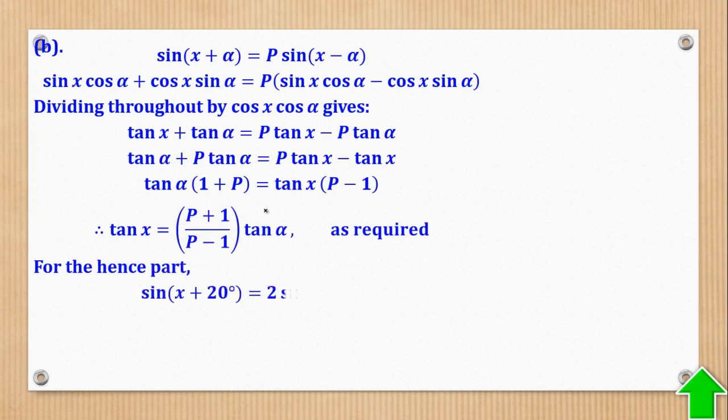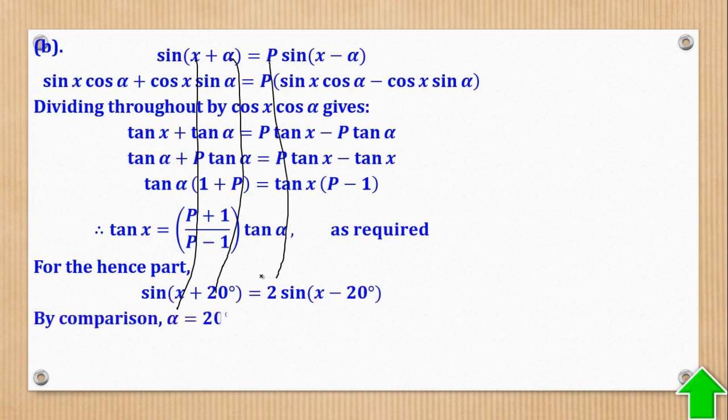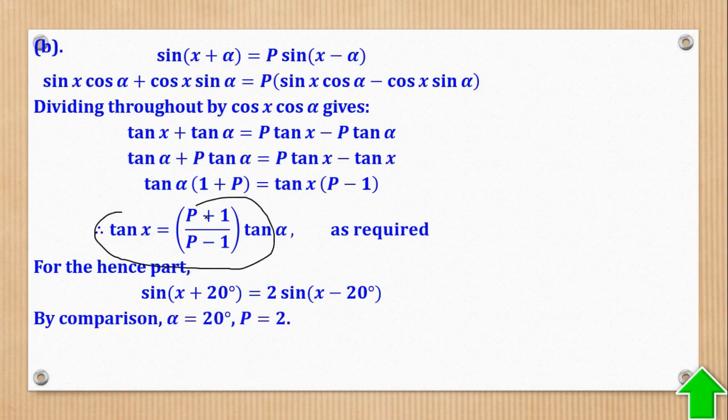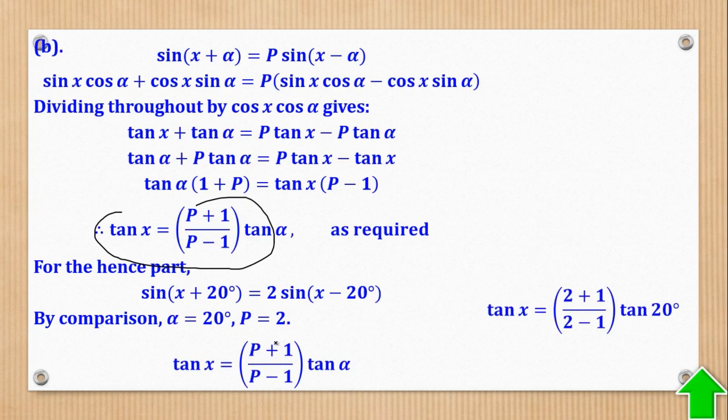For the highest part, they want us to solve this. So what we are going to do, we are going to compare this. X is already there, alpha is 20 degrees, and P is 2. Now that I've known alpha and P, I'll come to this and substitute for alpha and for P. So P is 2, put it here and here.